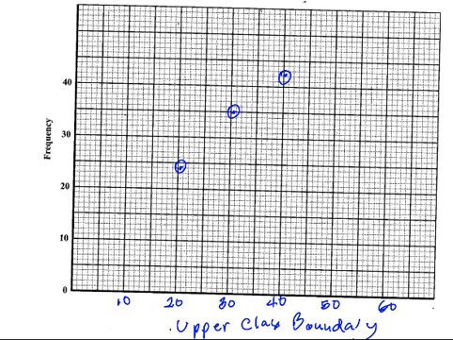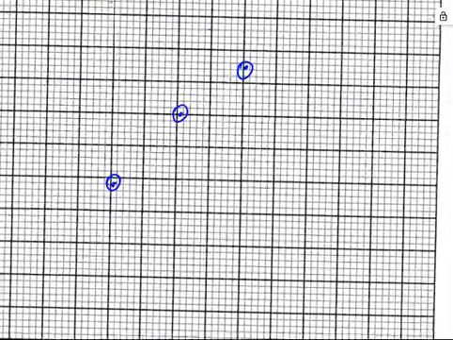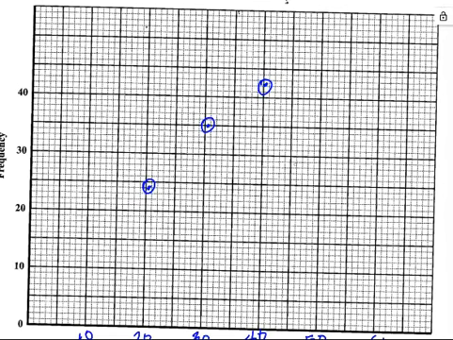All right, we can always go back and check it. 50.5 corresponds to 28. Let's get 28.